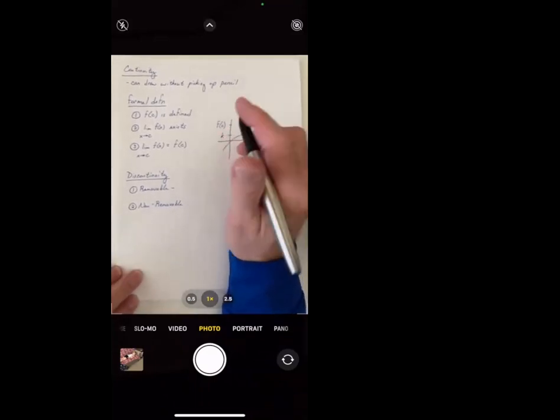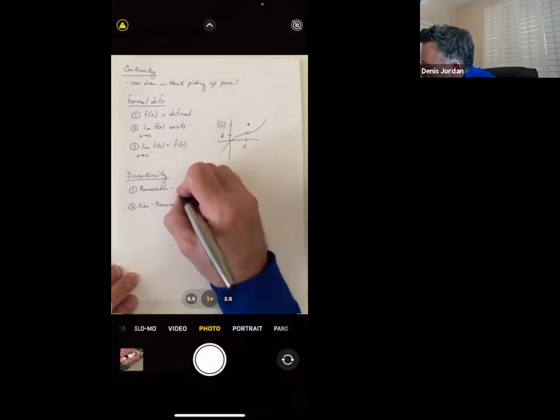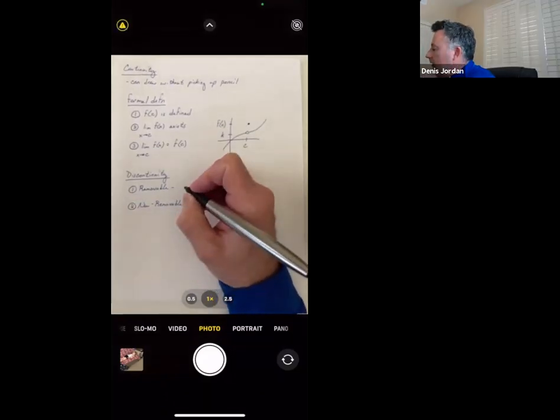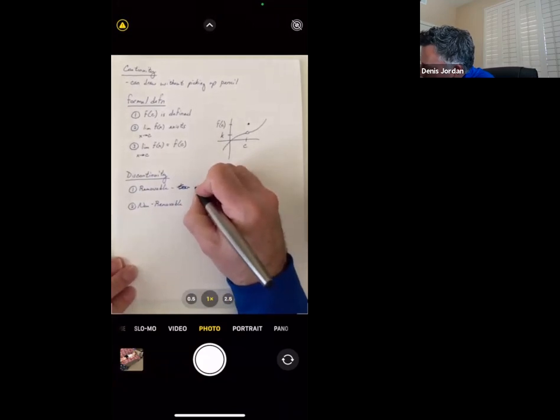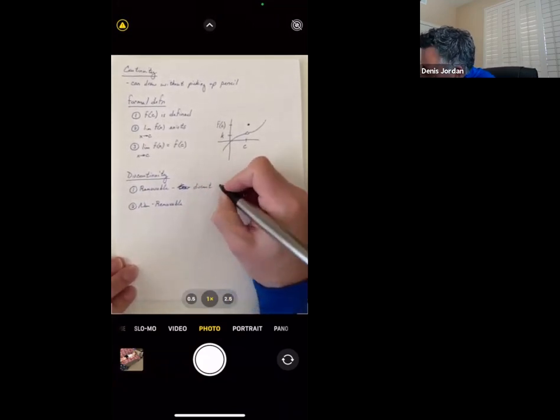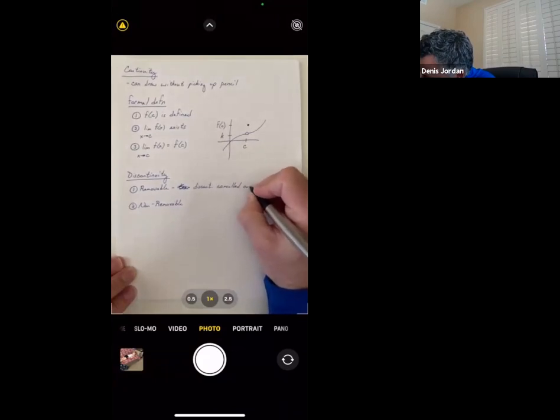You can cancel it from the equation. Okay. Let's define it this way. Your discontinuity canceled out.